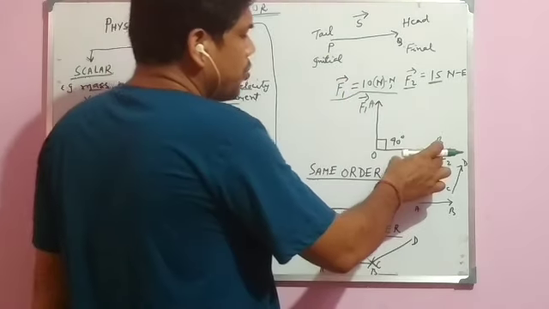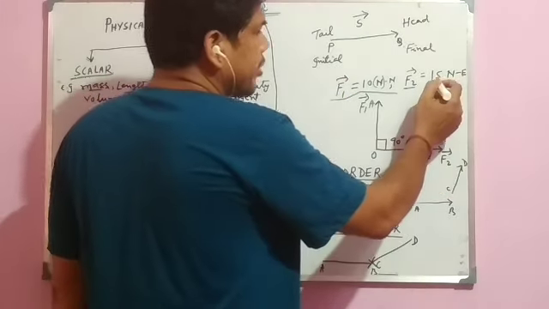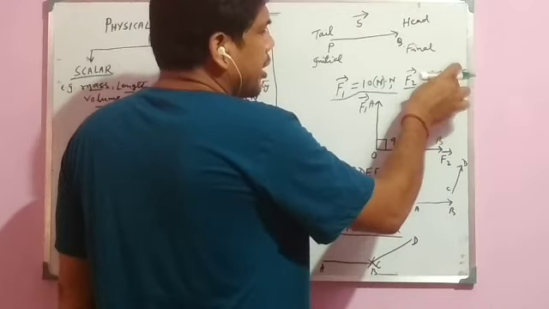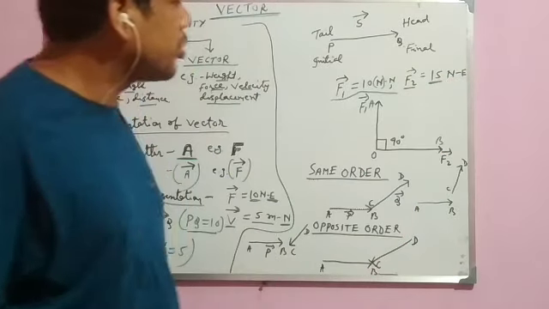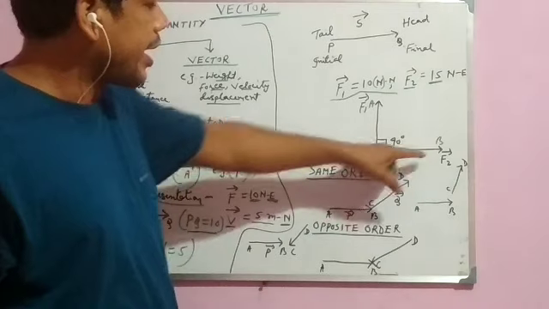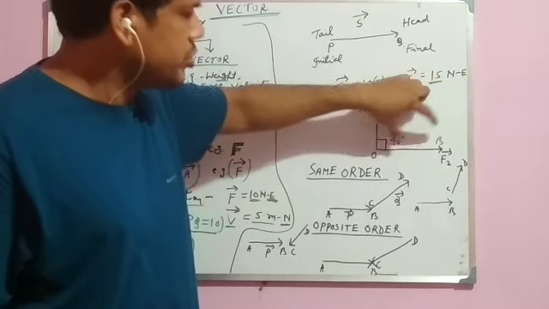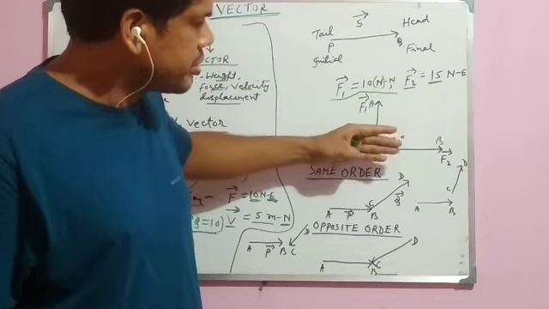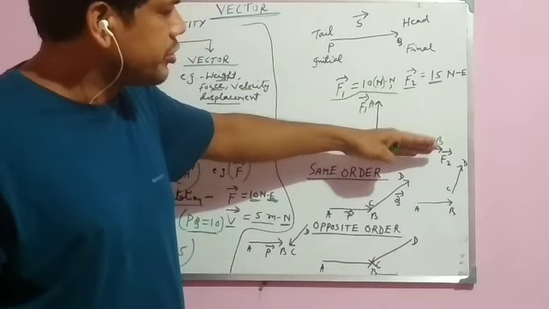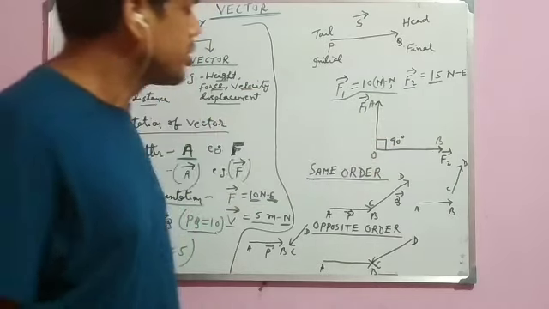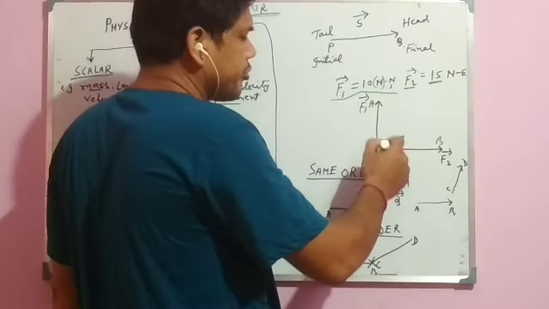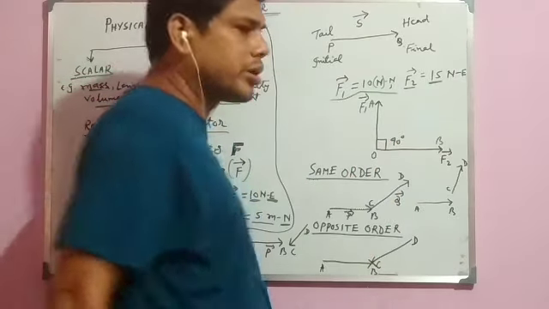The value of OB gives 15, the magnitude of the F2 vector, and the arrow is along the east direction. So it shows the direction of this F2 vector along east. The angle between these two vectors, if we want to find it, is equal to 90 degrees.